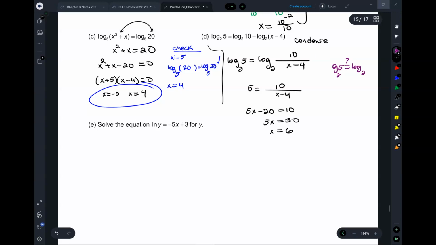I meant not in here, but in here. Log base 2 of 10, why don't I have enough room? Okay. Log base 2 of 5 equal to log base 2 of 10 minus log base 2 of 8. I'm sorry, 6. Sorry, I gotta slow down.